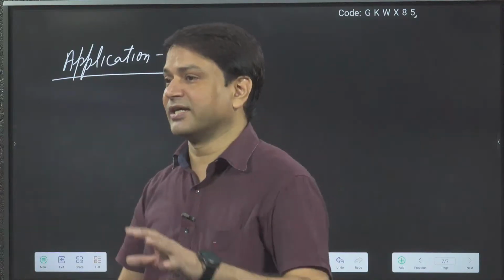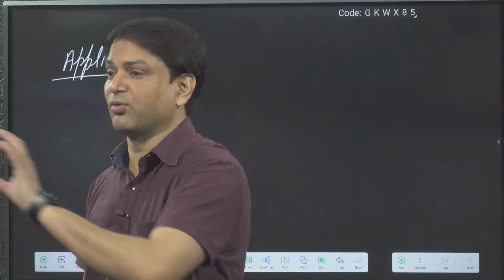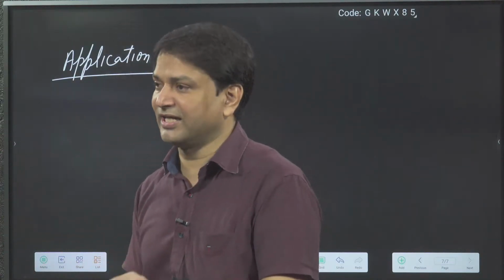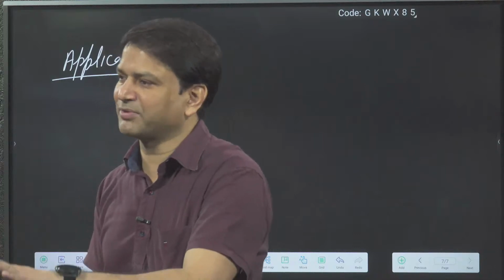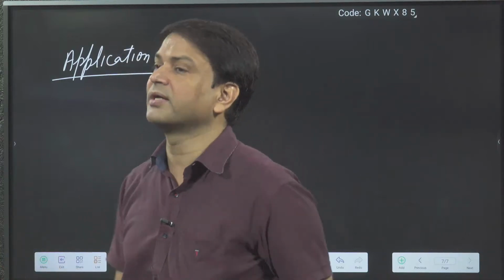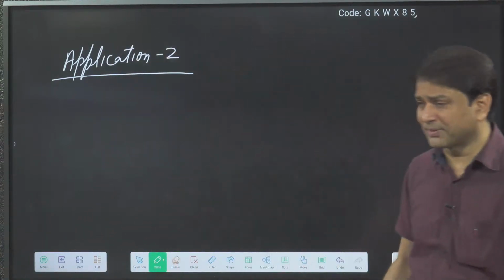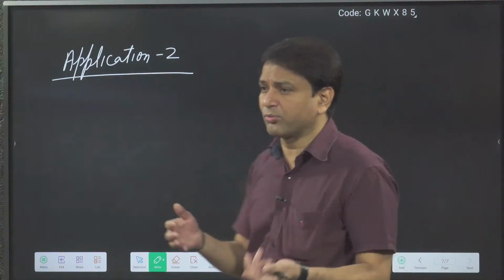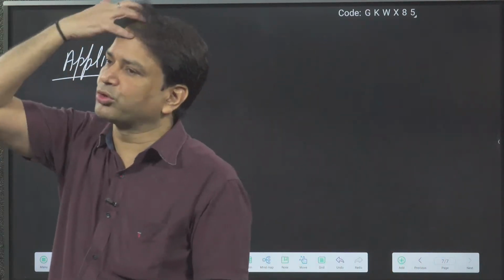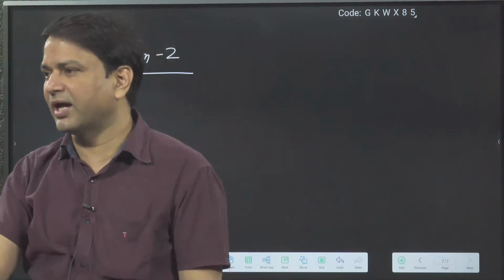But one thing I can say, Einstein's equation is dimensionally correct. E is equal to mc square. If you check the dimension, it is a dimensionally correct equation. Everybody got it or not? So sometimes we don't know the exact formula, but at least we can say the proportionality by using dimensional analysis.